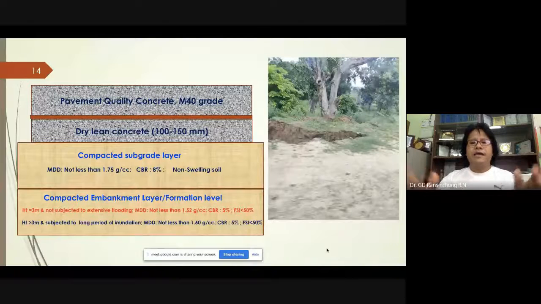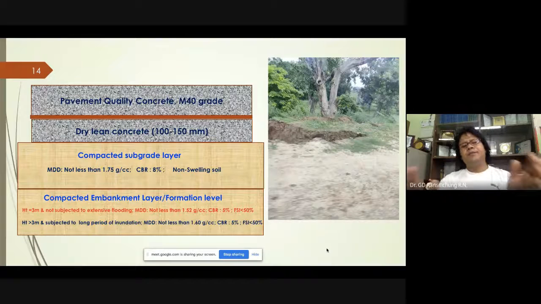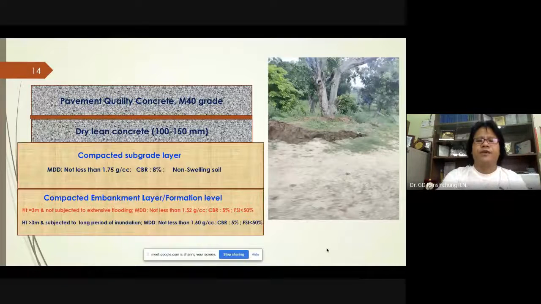Now, the embankment has certain criteria depending upon its height. For instance, if the height of the embankment is up to 3 meters and not subjected to extensive flooding, then the maximum dry density we are supposed to attempt to get from that kind of soil should not be less than 1.52 gram per cc, and the CBR should be at least 5%.